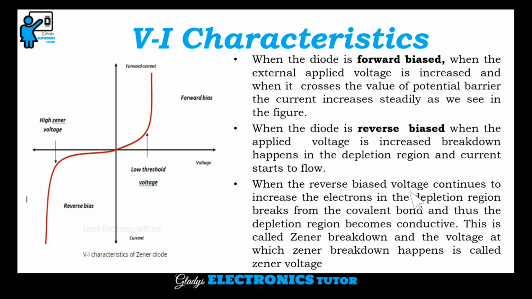When the reverse biased voltage continues to increase, the electrons in the depletion region break from the covalent bond, and thus the depletion region becomes conductive. This is called Zener breakdown, and the voltage at which Zener breakdown happens is called Zener voltage.